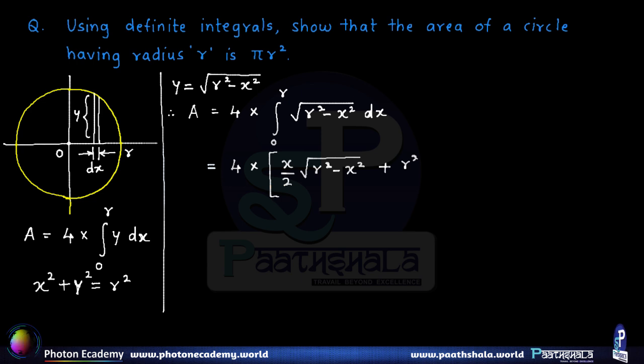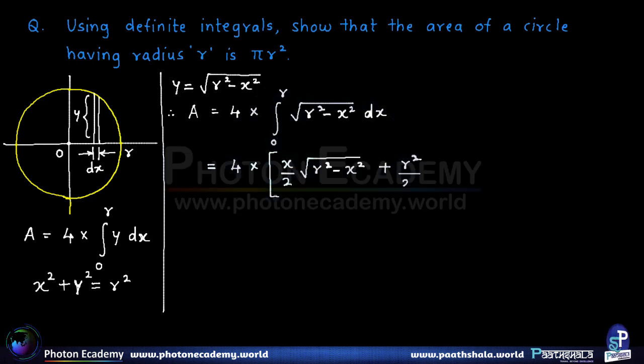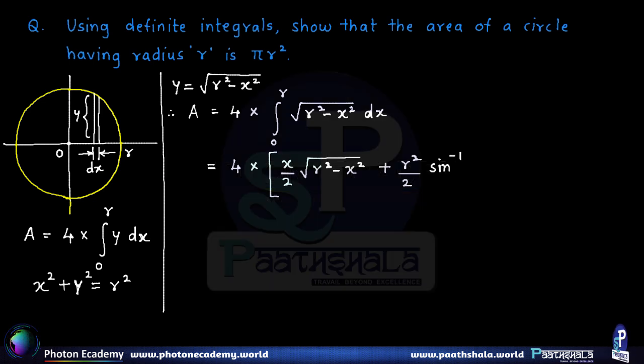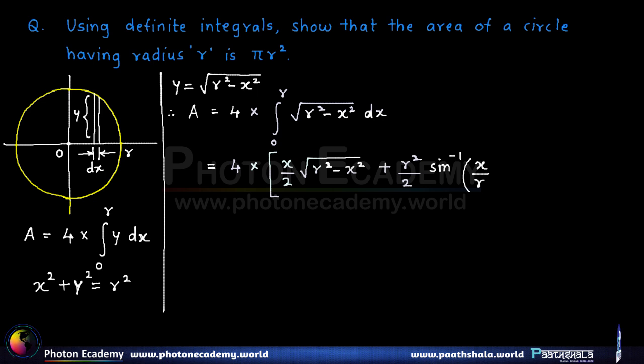And since it is of the type root of constant square minus variable square, the remaining part is the sine inverse of variable upon constant, that is x by r.